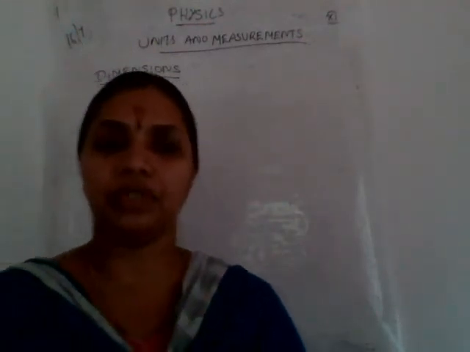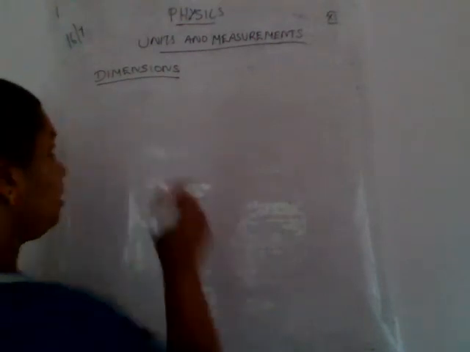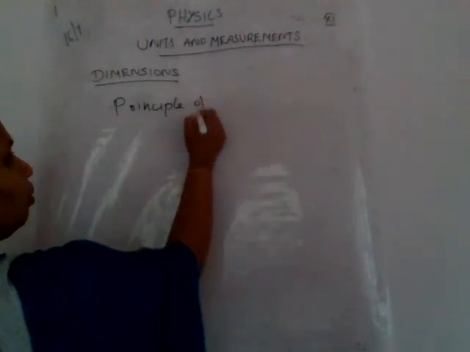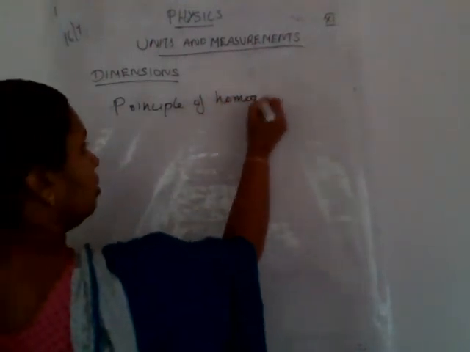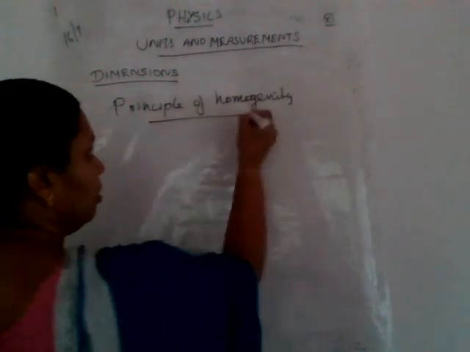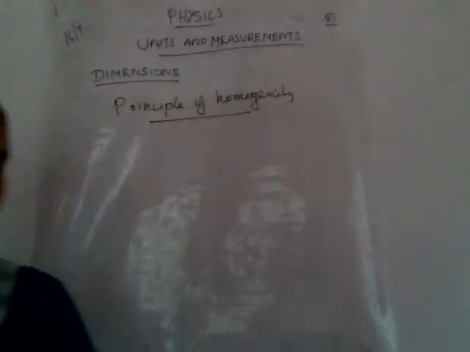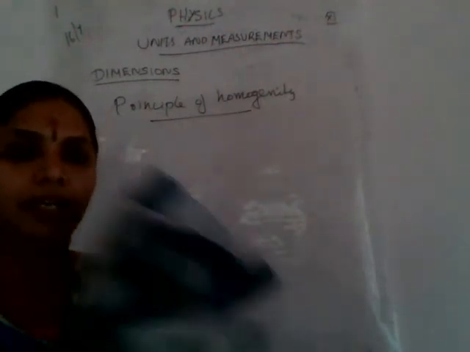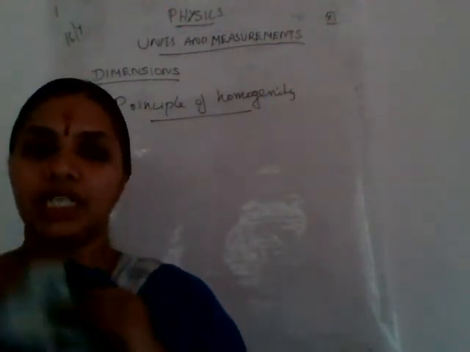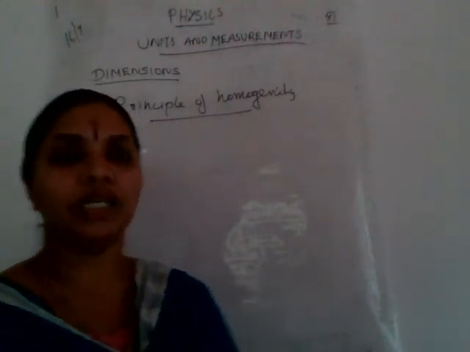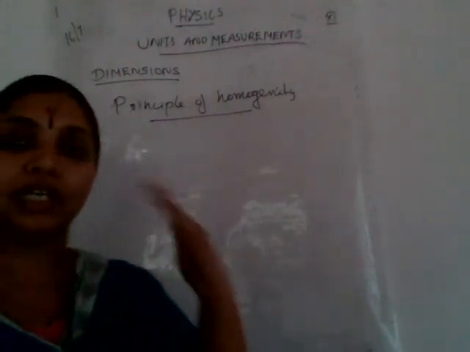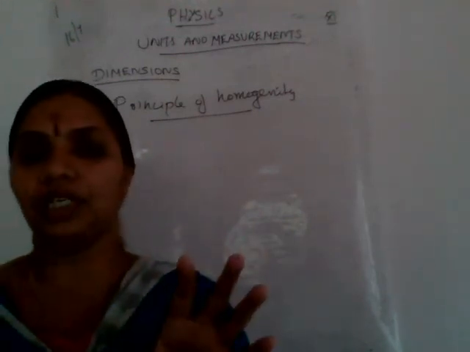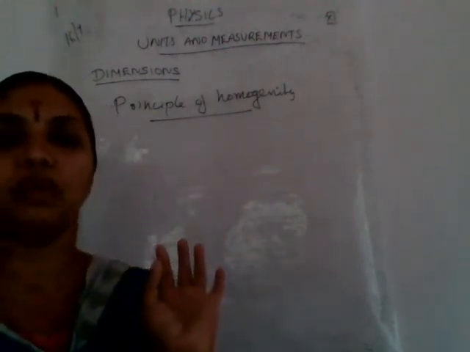Before that we have to study the principle of homogeneity. It states that if you have a dimensional equation, then according to the principle of homogeneity, the powers of the dimensions in that equation will be equal on both sides.